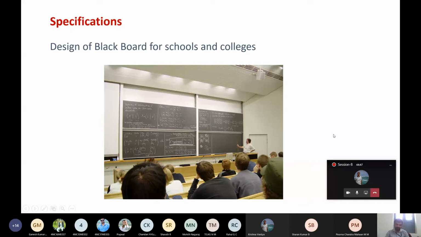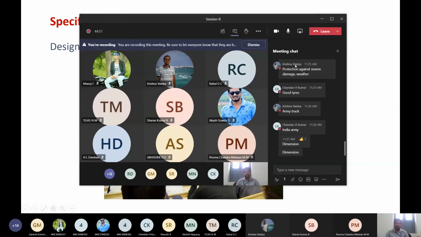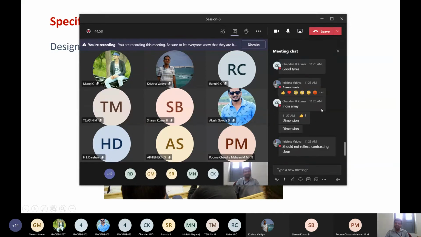Size. The size of the blackboard, the dimension. Next, other than size, it should not reflect, and should have a contrasting color. That means whatever is written on the blackboard must be visible to students in a class.